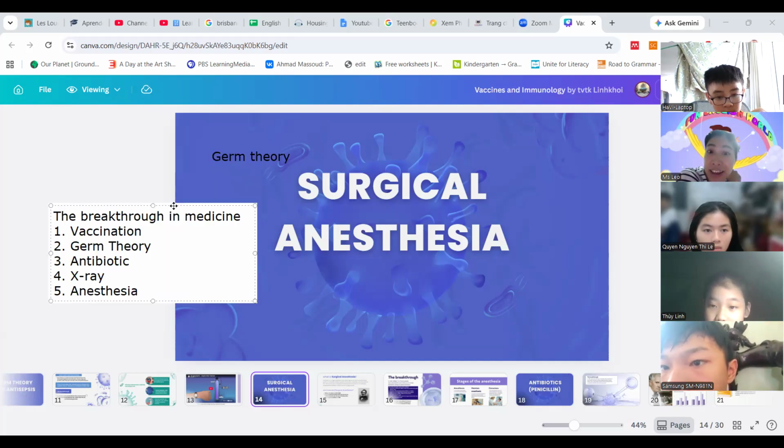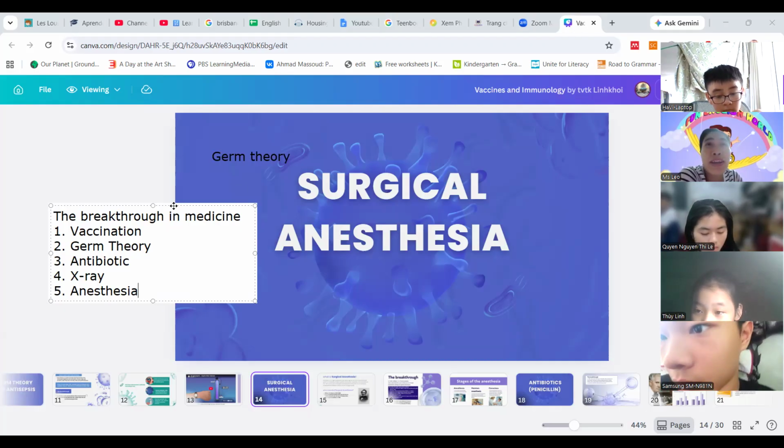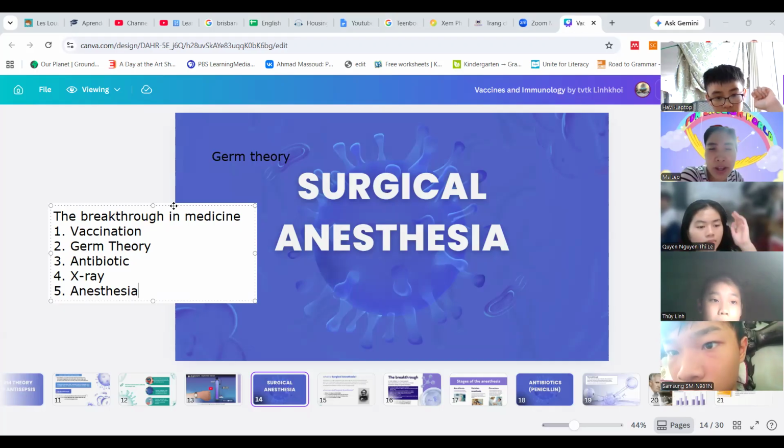surgical anesthesia. Anesthesia. Okay, right now, let's see. Try to think of any kind of surgery a woman would go through where they had to use anesthesia.